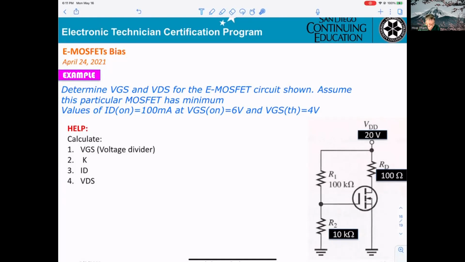Go ahead and do 1, 2, 3, and 4. If you can do it without looking into the formula, you're really good. Go ahead and do it for me. I want the answer. You can see they're not using the graph.